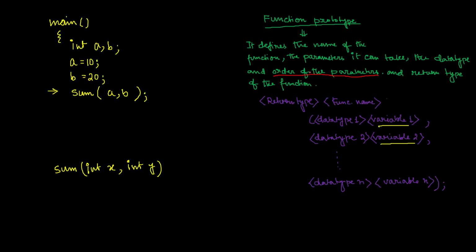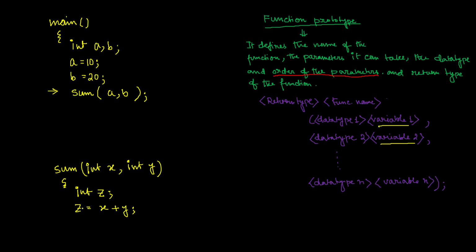Now if you write the corresponding code for this part, basically I can say that a very simple summation code. I can simply write int, I take a third variable z, then I will write z equal to x plus y, because scope of x and y is limited within the sum function, because this is declared over here.